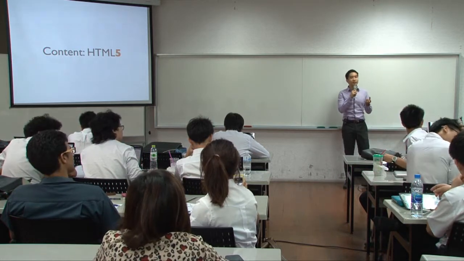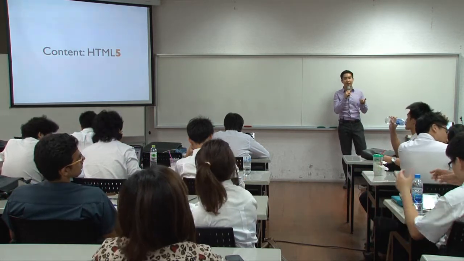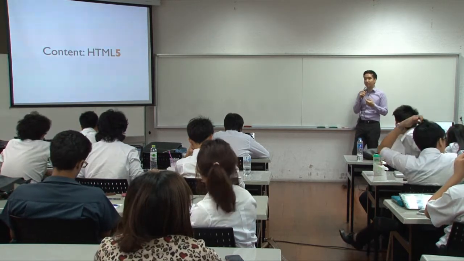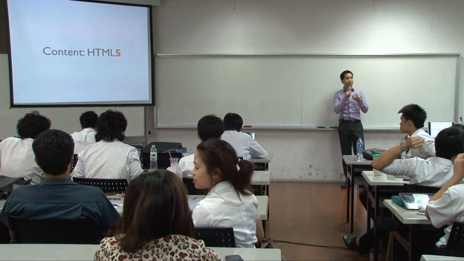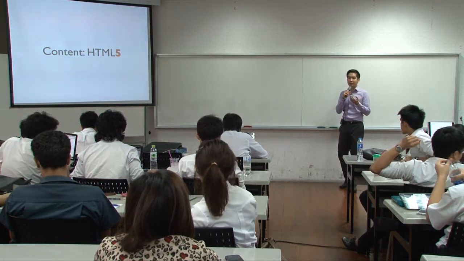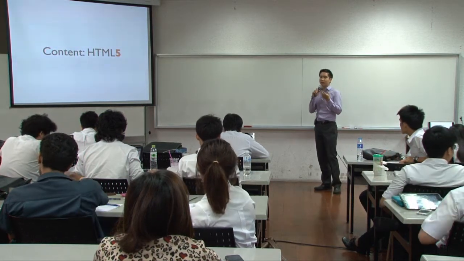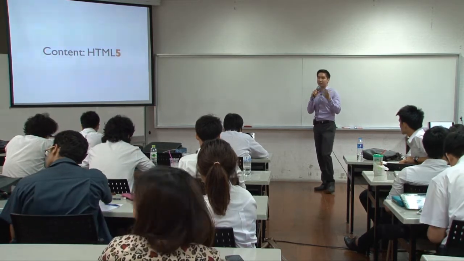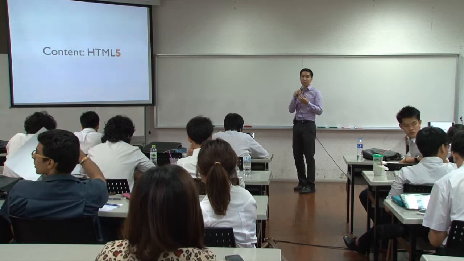The current version of HTML is HTML5. Okay, this is why we have that number as a suffix. Prior to this, we had HTML version 4, which had been the standard, the de facto version for a long time, for almost maybe 10 years.